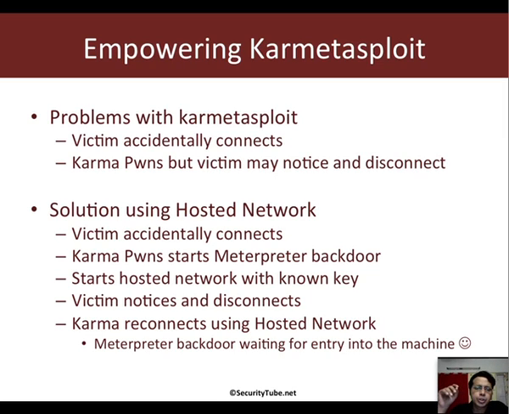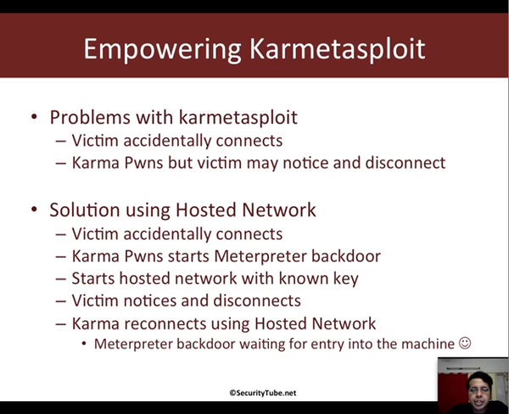What is the solution using the hosted network? Well, the victim accidentally connects, which is step 1. Karma pwns, you get the meterpreter backdoor, get the meterpreter session, immediately start a meterpreter backdoor like an MVC or something like that. And then quickly start the hosted network with a key that you know.